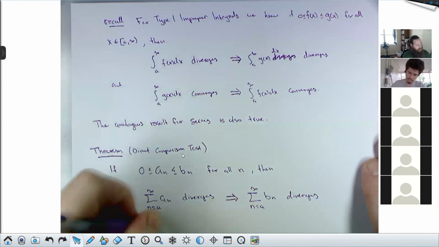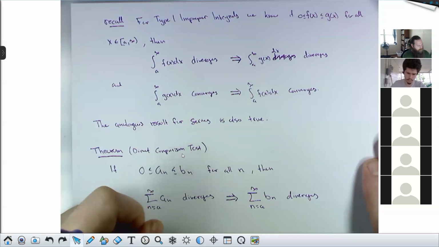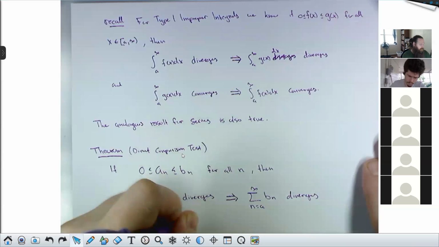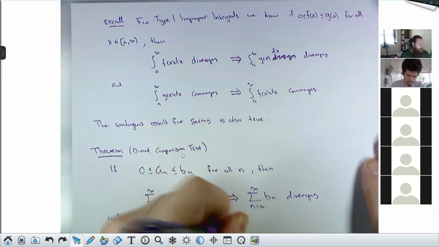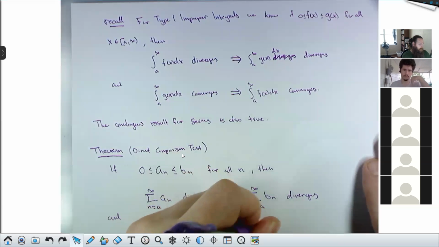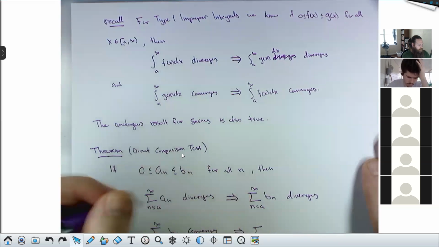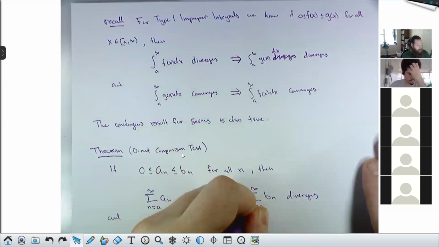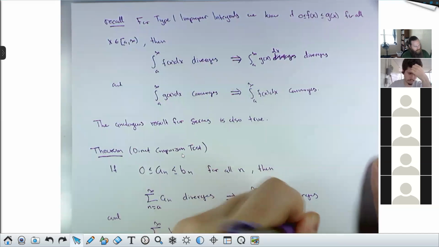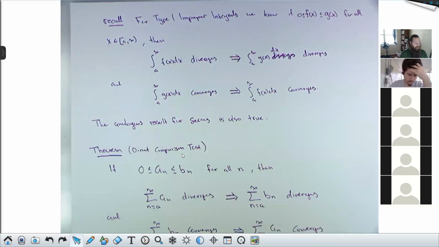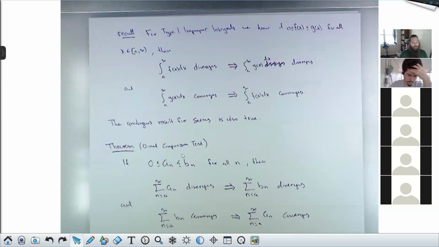And if the sum from n equals wherever to infinity of b_n converges, that implies that the sum of a_n converges. So these are 2 very similar theorems.